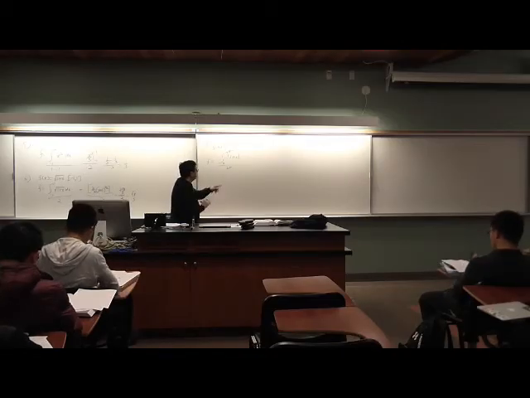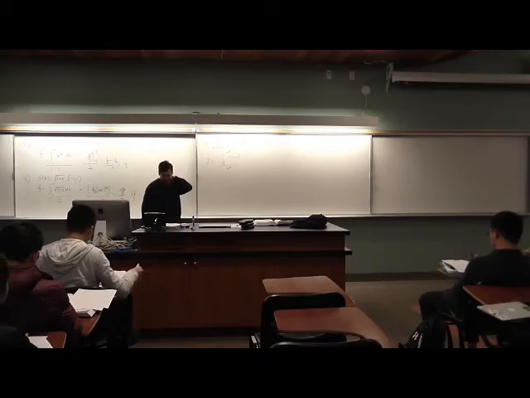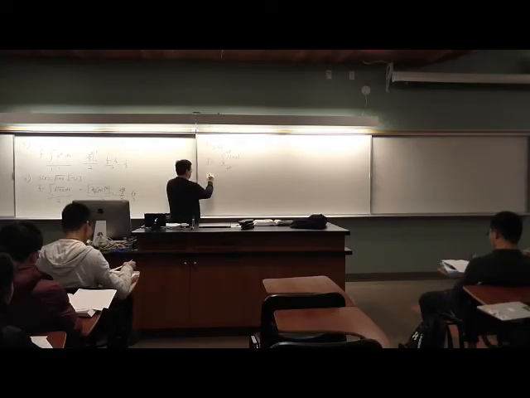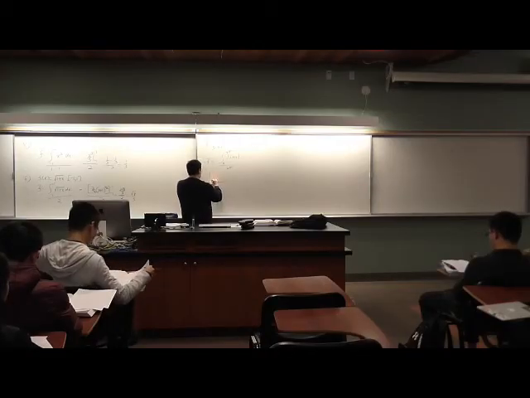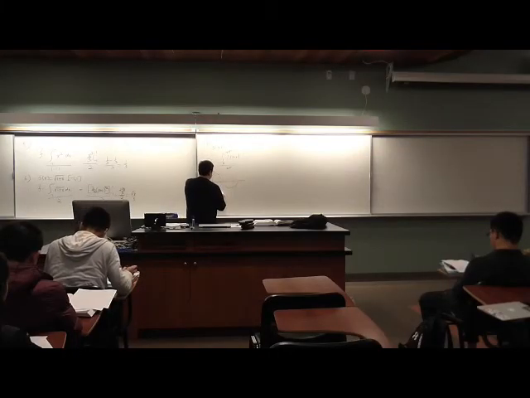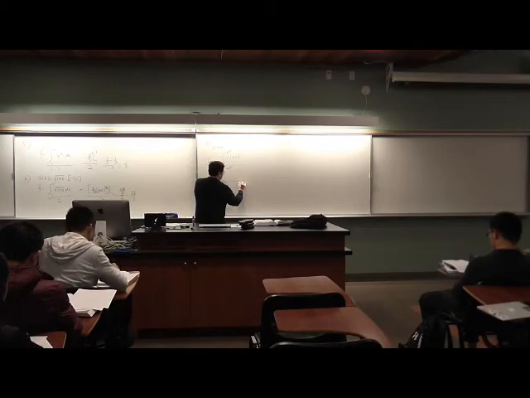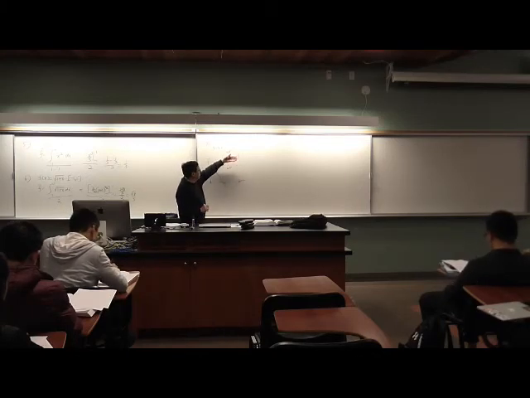Well, what do we know about the sine of x between 0 and 2 pi? I mean, it kind of looks like this, right? From 0 to pi, it's positive. Pi to 2 pi, it's negative. But we want the absolute value, so we're going to have to split the integral and make this part positive, right?